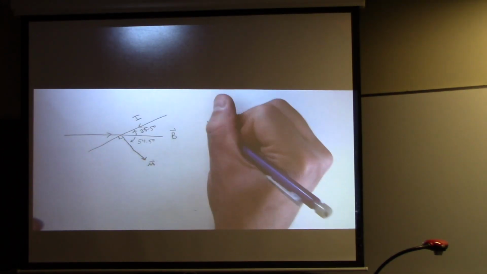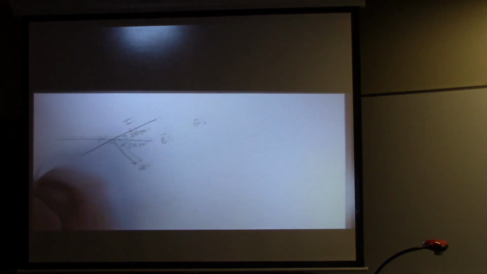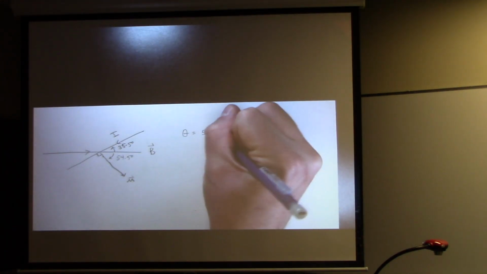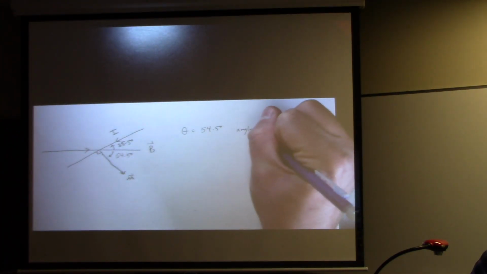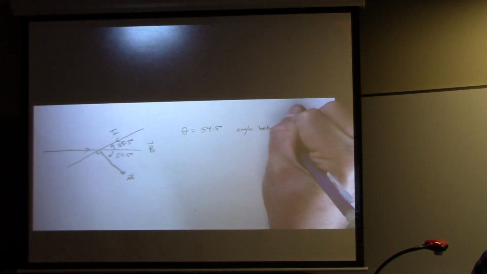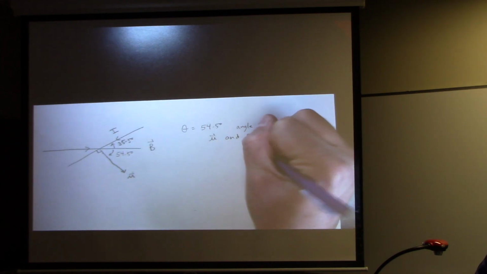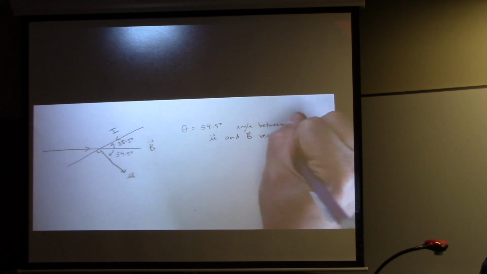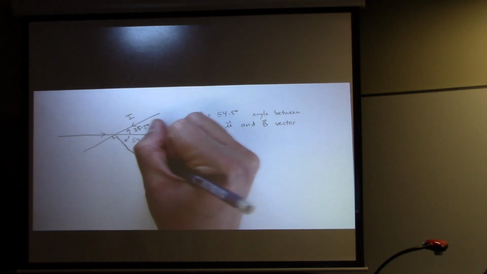The angle that we actually care about is 54.5 degrees, because that's the angle between my mu vector and my B vector. That's what's going to be relevant in a second. So let's just mark that down right here. That's theta.